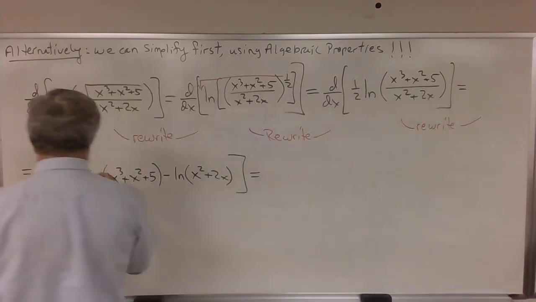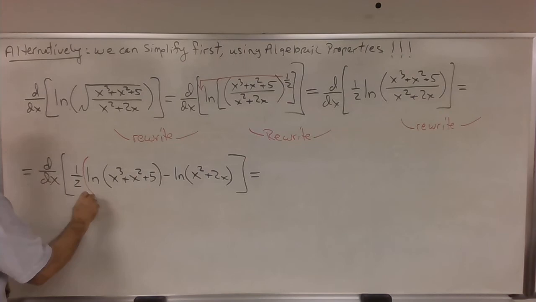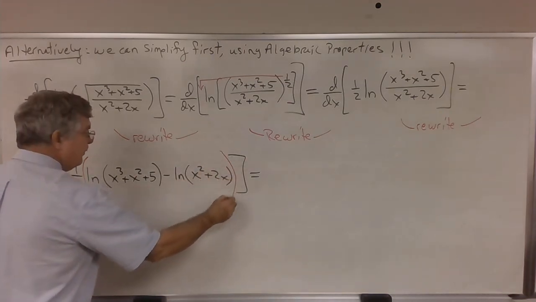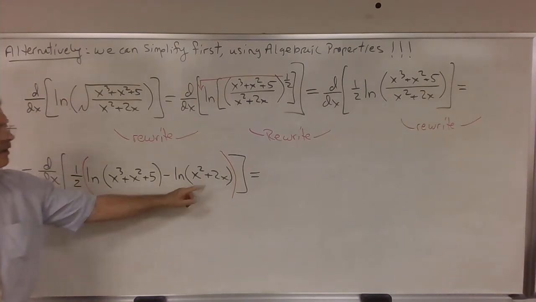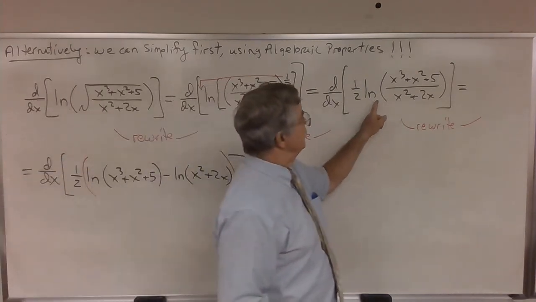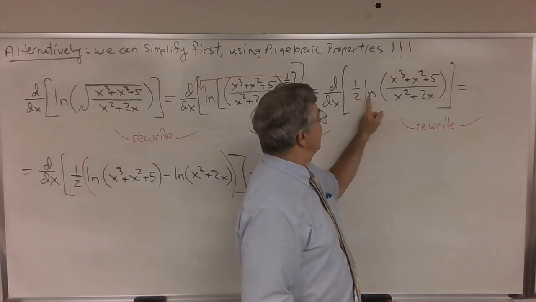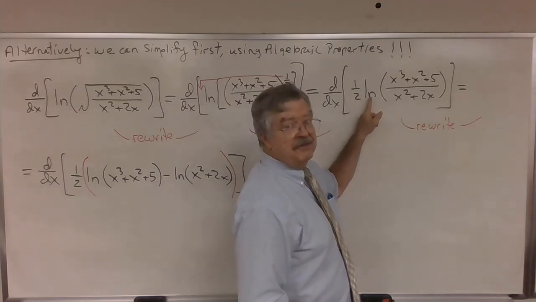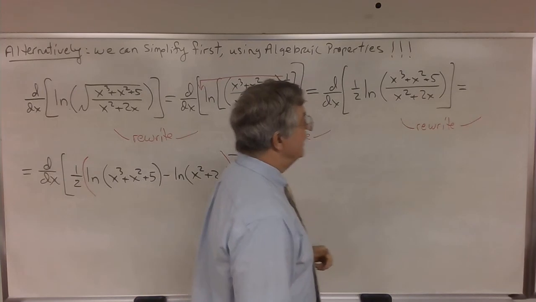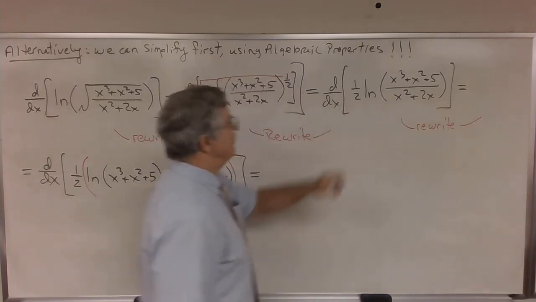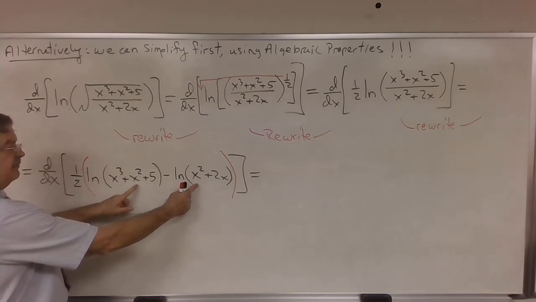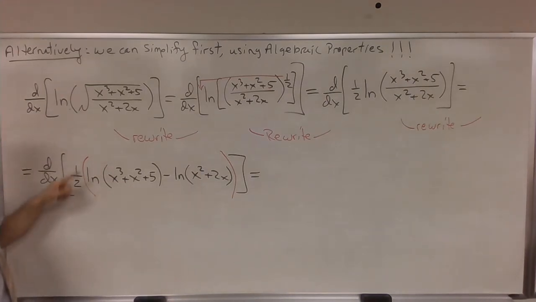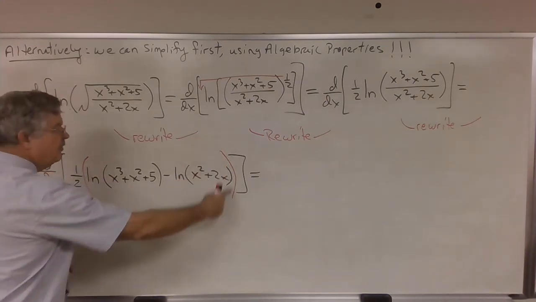So I need to put this in parentheses here, because this whole thing, logarithm minus logarithm, is this logarithm, and 1/2 multiplies this entire logarithm. So 1/2 better multiply its equivalent, which is the difference of those two logarithms. So I need parentheses around those two.